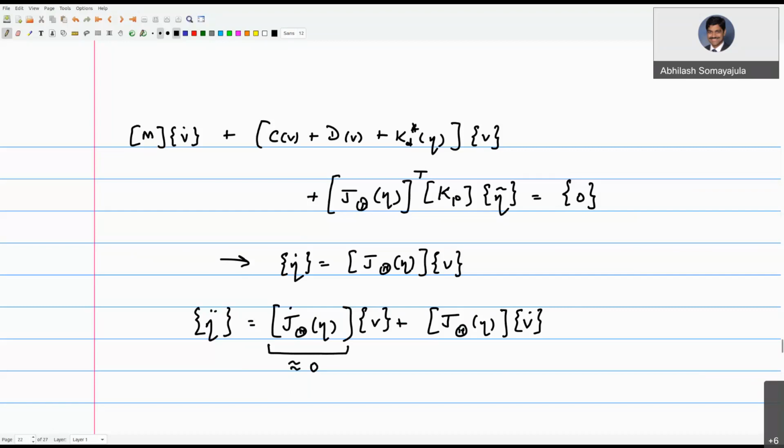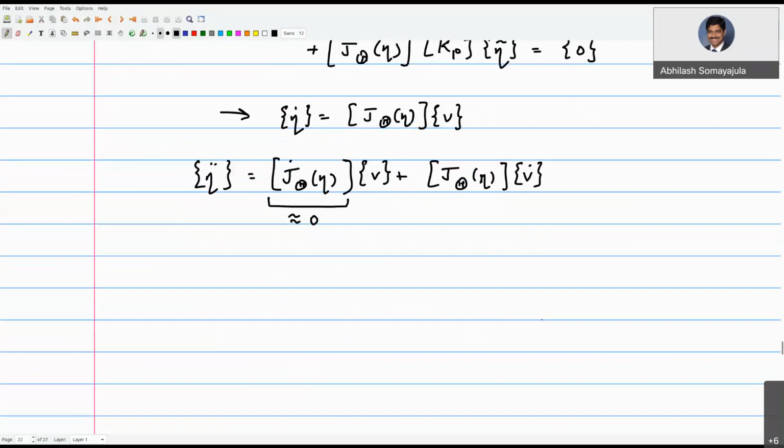In which case, I can say that eta double dot is J of eta times v dot, which means v dot is given by J of theta inverse times eta double dot.